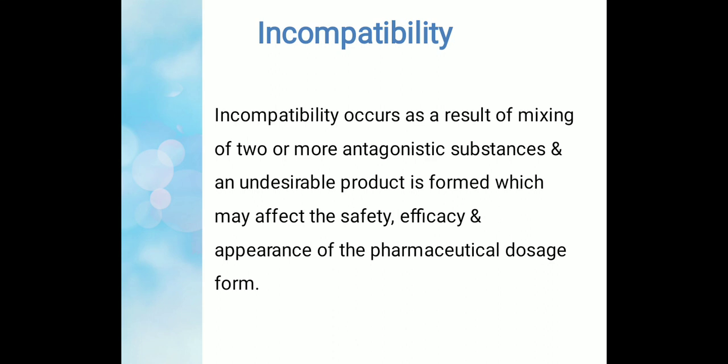So here, when two or more different compounds which have opposite actions are combined together, they will result in a new product, and that new product may affect the safety, therapeutic effect or the physical appearance of the original dosage form. This particular phenomenon is known as incompatibility.